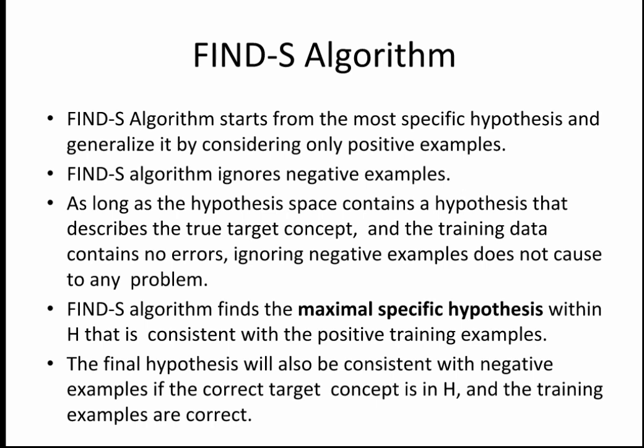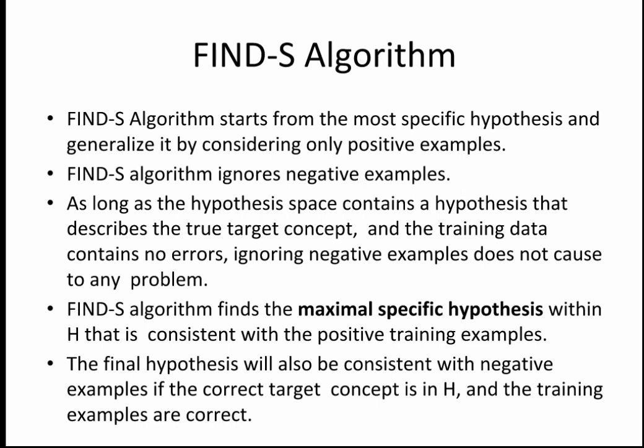Find-S algorithm will search a hypothesis from your hypothesis space, starting with the most specific hypothesis that pertains to your first training example, and it will be able to find the maximally specific hypothesis at the end of all iterations, all the reading of the training instances.